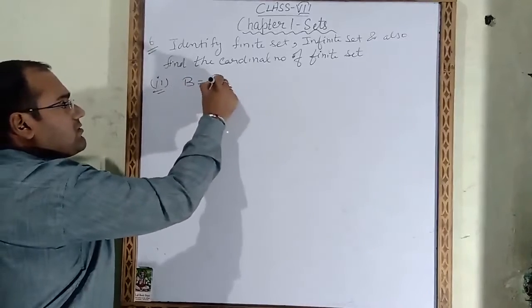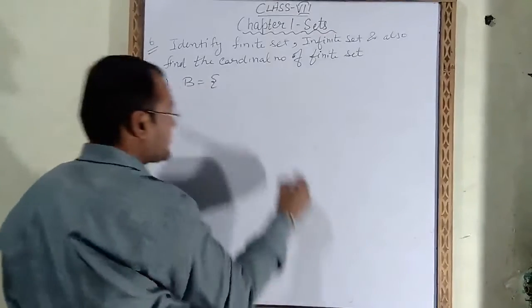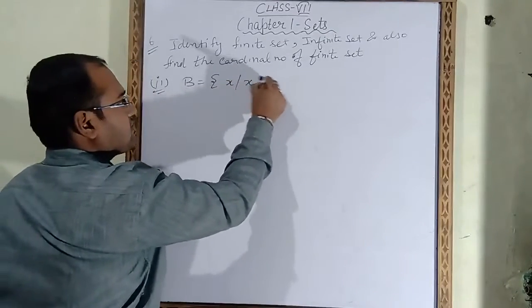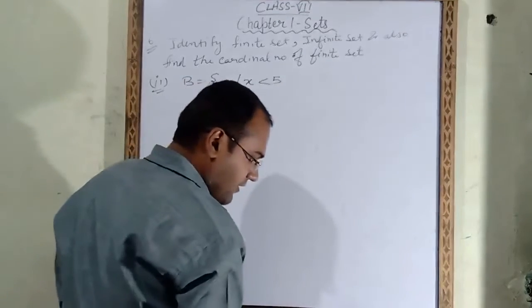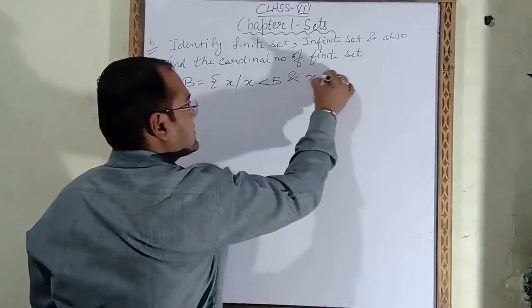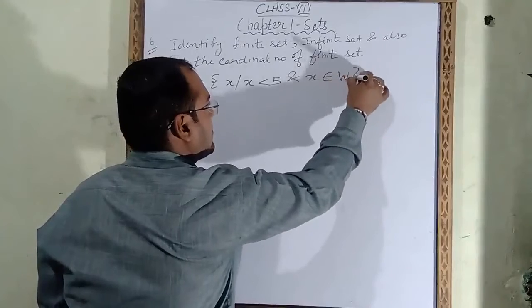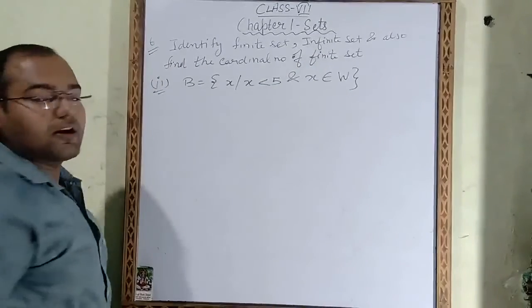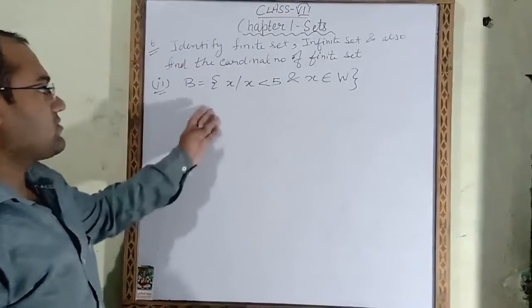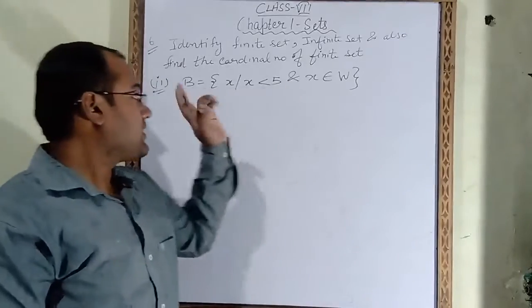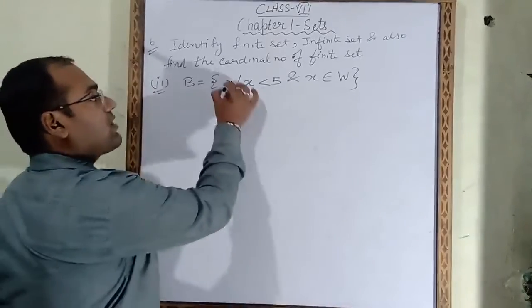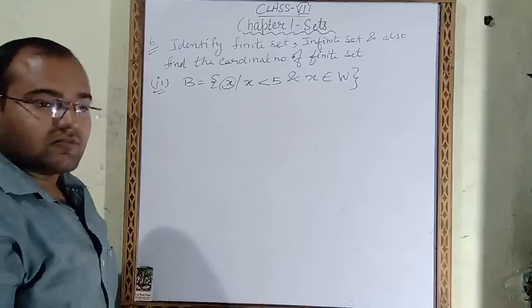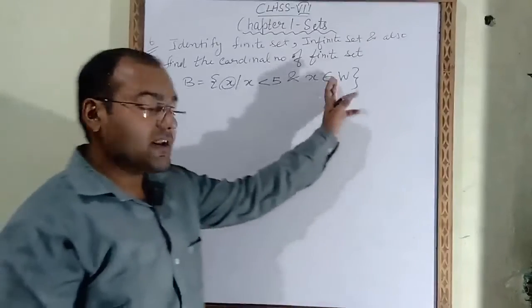B is equal to x such that x is less than 5 and x belongs to whole number. So first of all we will try to solve it. In B we have to write the values of x. What is x? x is a whole number.